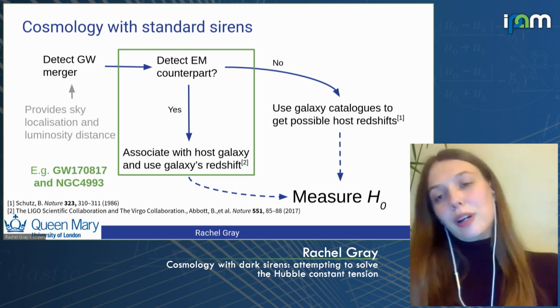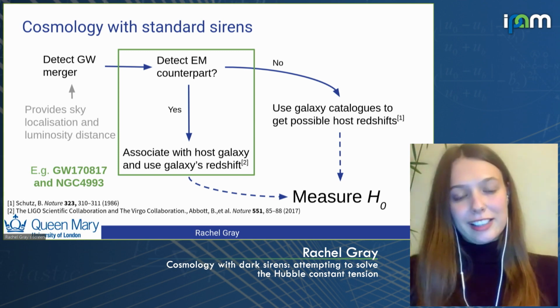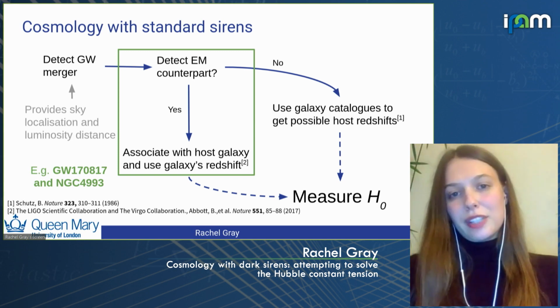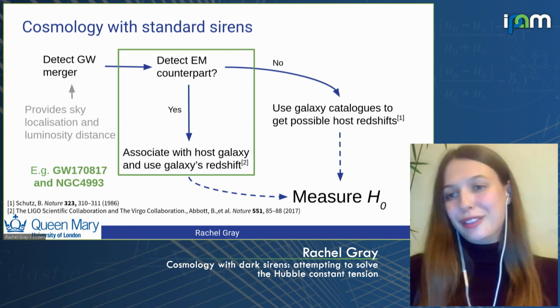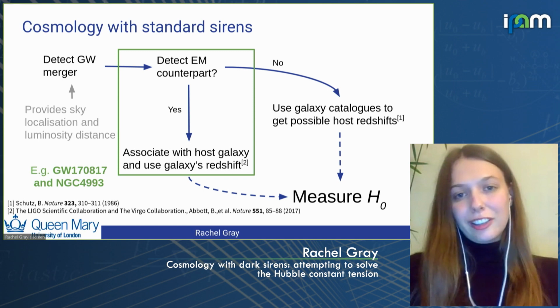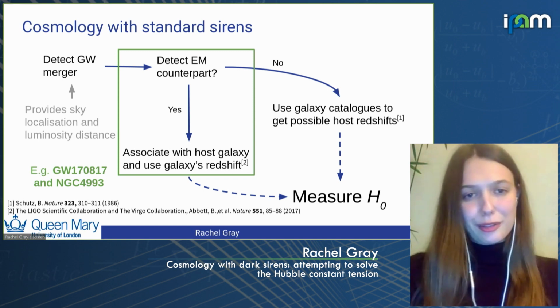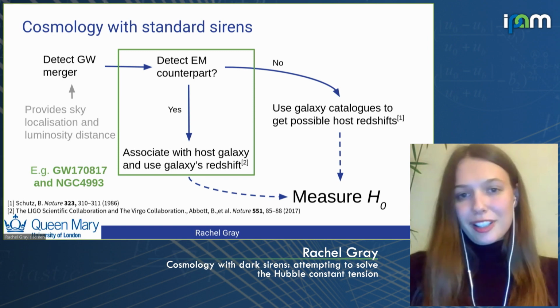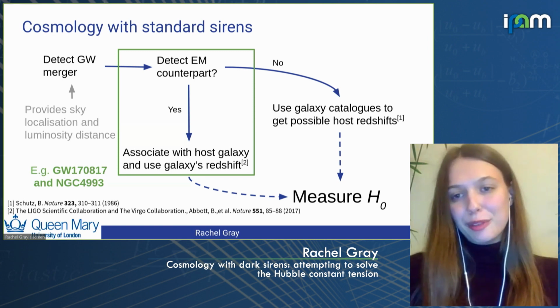The EM counterpart was associated with its host galaxy, and the redshift of the host galaxy was then used for the measurement, providing a very informative result for a single data point, although obviously not informative enough to actually start to arbitrate which side of the tension our measurement will fall on.